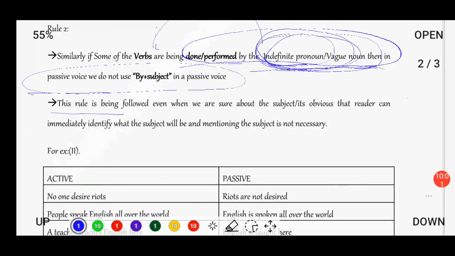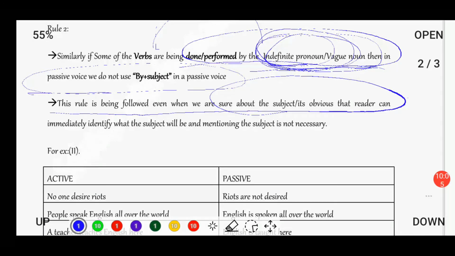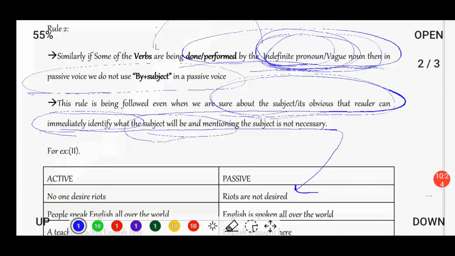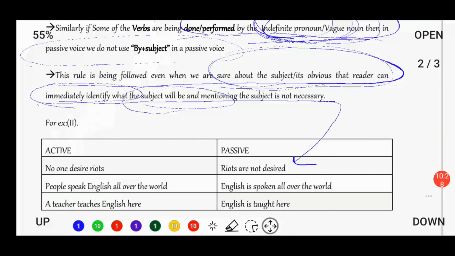And this rule is followed even when the subject is obvious, meaning the reader can immediately identify what the subject will be, and mentioning the subject is not necessary in the passive voice. So in that case also we will not mention that noun or pronoun in the passive voice.